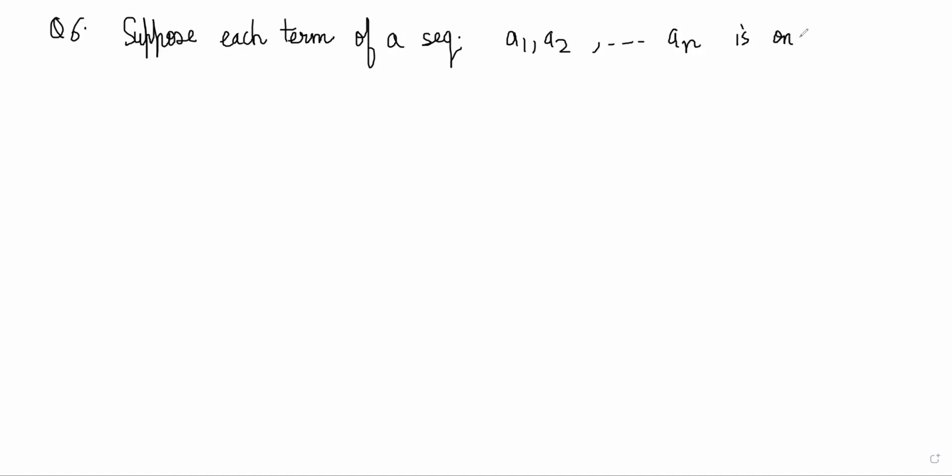Suppose each term of a sequence A1, A2, AN is one of 0, 1, 2 till k minus 1. Here k is greater than or equal to 2 is an integer.